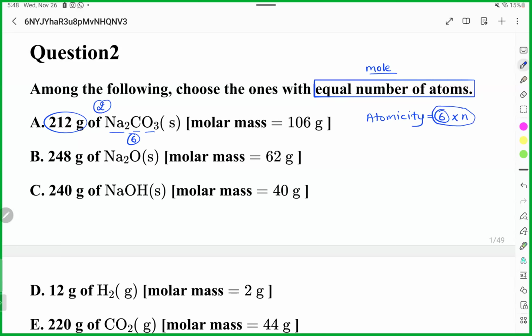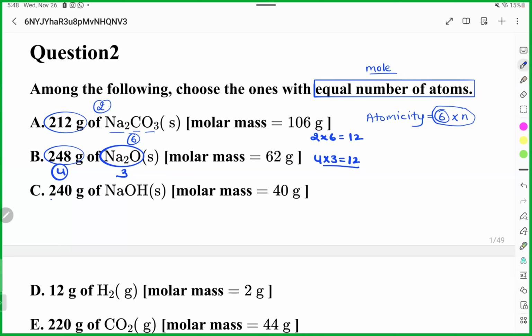Next. What is the number of moles here, Anvita? 4. But what will be the total number of atoms? 12. In the first case, number of moles is 2, atomicity is 6, so it is also 12.